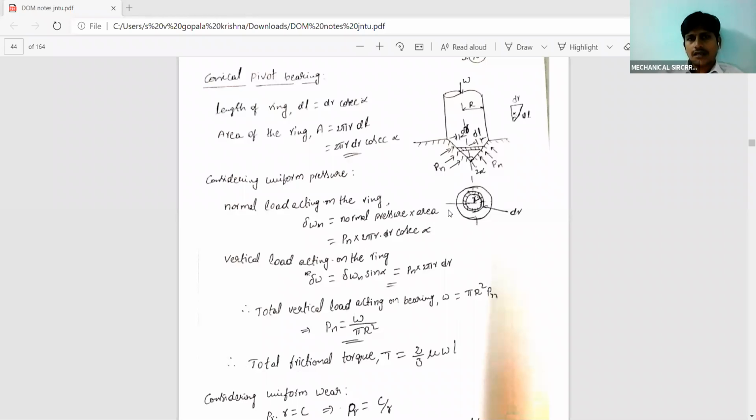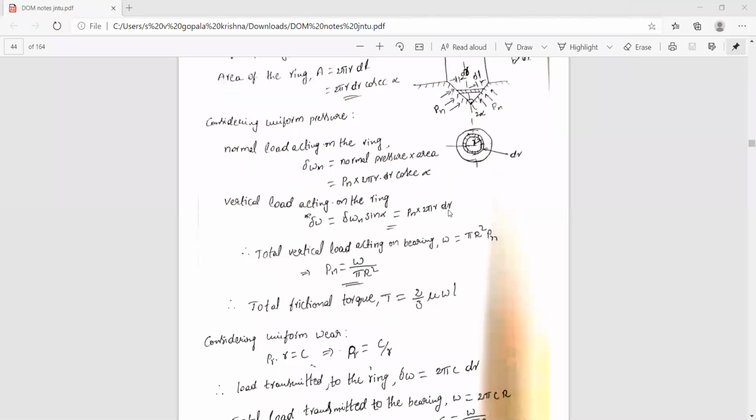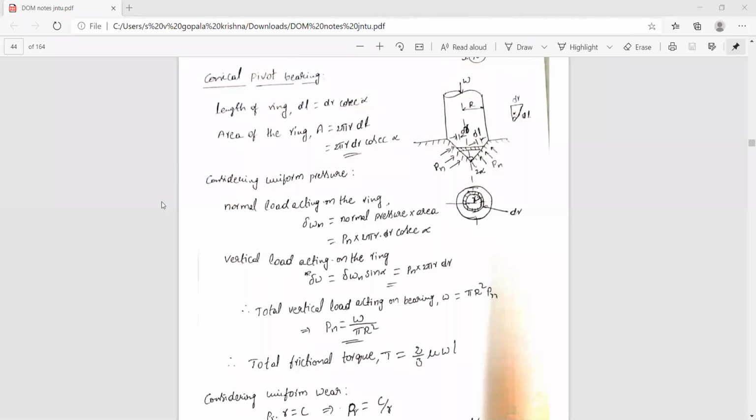Okay, do you understand this derivation part? Please respond. It is very important.